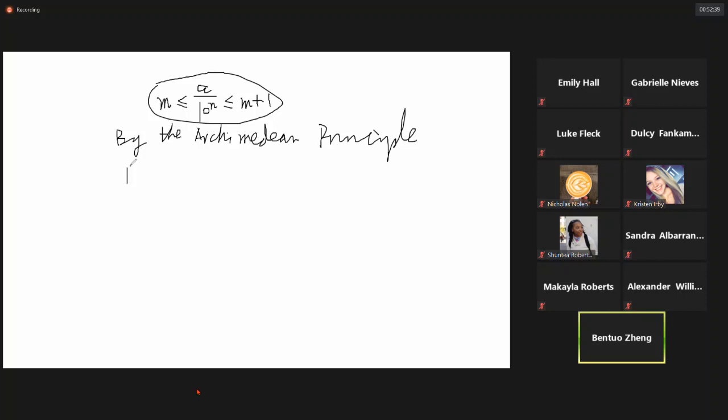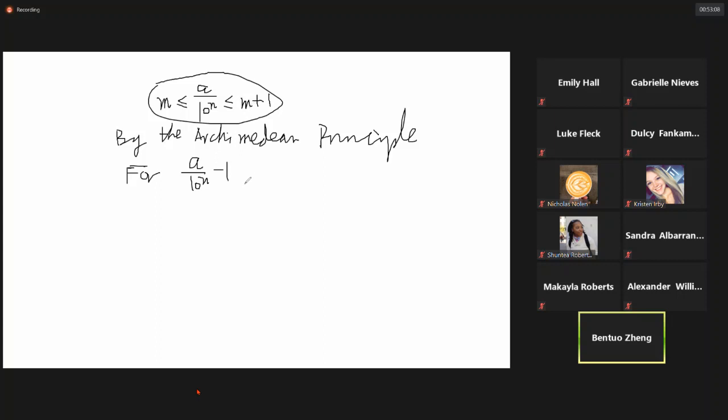So for the number a over 10 to the n minus 1, we subtract 1 to make it easier to directly choose.